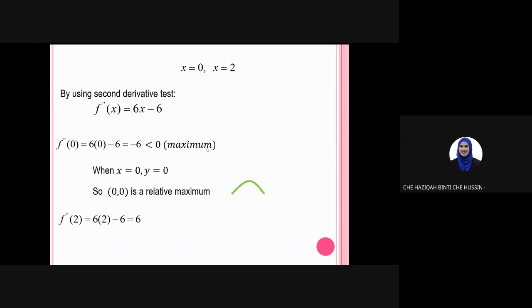The second point is x equals 2. You substitute into the second derivative, and we get 6. Since 6 is greater than 0, it is a relative minimum. When x equals 2, y equals negative 4.